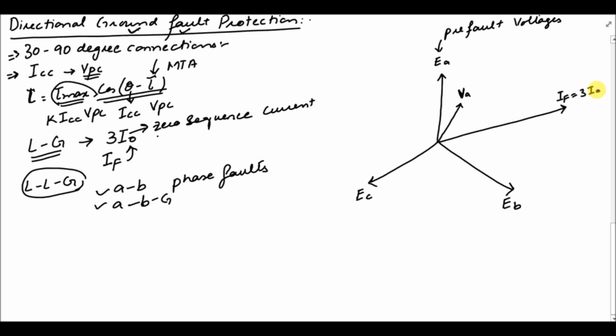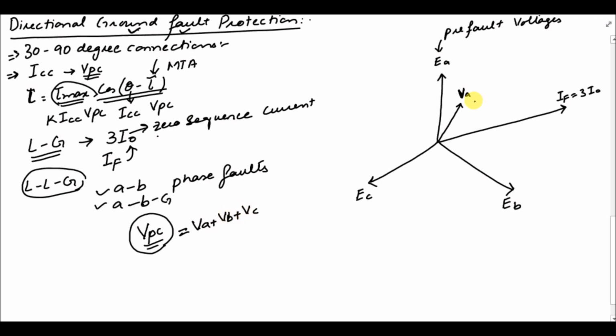Now we have to decide about the VPC, that is, what the potential coil voltage should be in case of ground faults. By using the same methodology that we used in the previous lectures in case of 30, 60 and 90 degree connections, we know that in this case the VPC will be equal to VA plus VB plus VC.